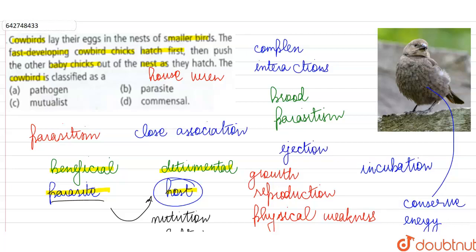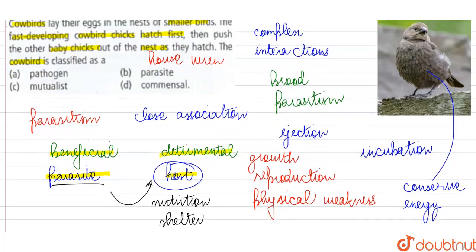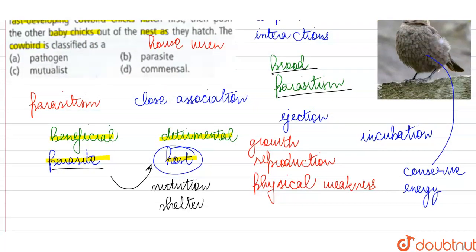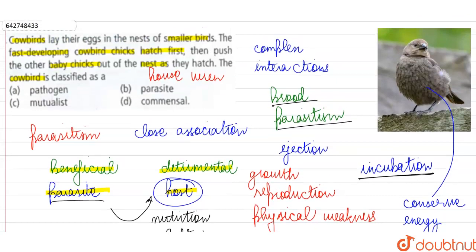And even if the chicks of the host bird are present along with the cowbird chicks, still being larger in size, the cowbird chicks will be able to take the largest share of food. So this is an example of brood parasitism, where one bird is laying its eggs in the nest of another bird and the host bird is incubating its eggs because it is unaware that they are foreign eggs.